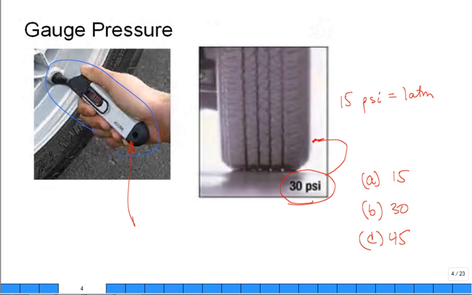I want to know the absolute pressure of the air in that tire when you put a gauge on there and it says it's 30 psi. Is it 15 psi absolute? 30 psi absolute? You don't have much time. You got to click in your answer. You got 10 seconds.